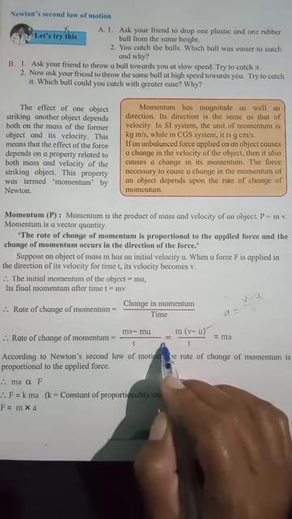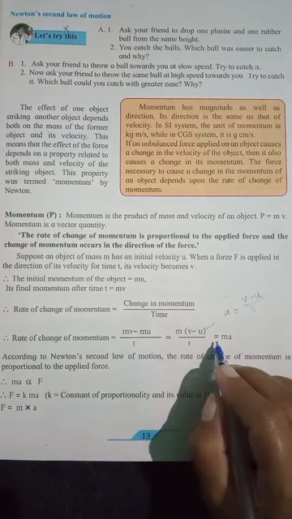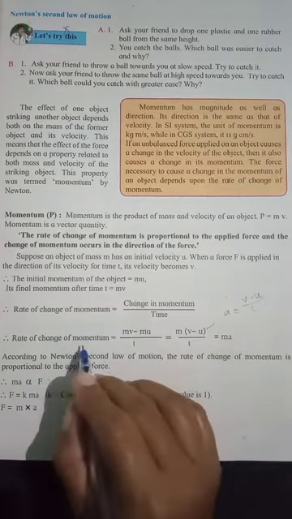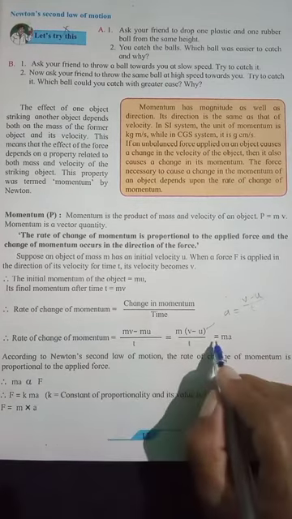We know that acceleration is the rate of change of velocity, that is final velocity minus initial velocity upon time. So this term we can write as a, the acceleration. Then the rate of change of momentum is equal to ma.